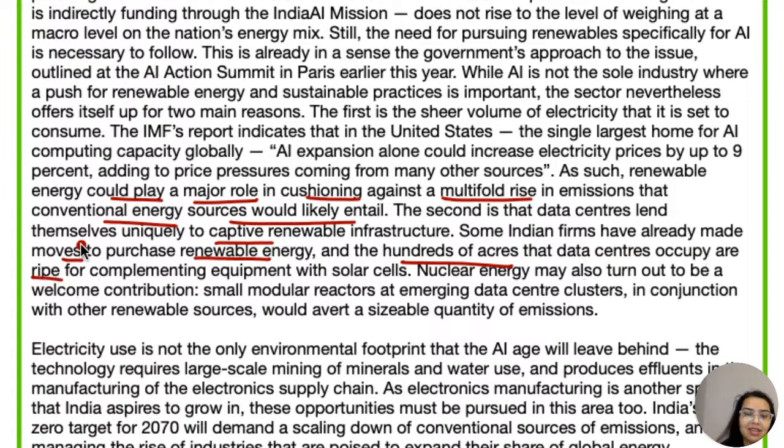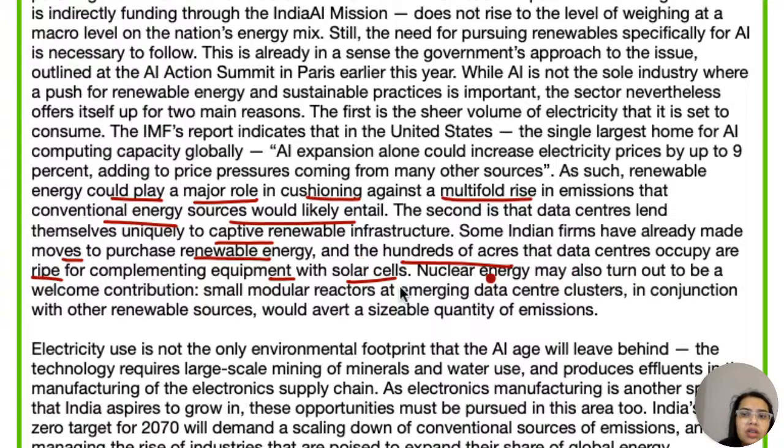They are all ready. Something is ripe means it is completely ready to be used, ready to harvest, ready to consume. For complementing equipment with solar cells. So they will put in solar cells. They have bought a big piece of land and all, and other companies are purchasing too.